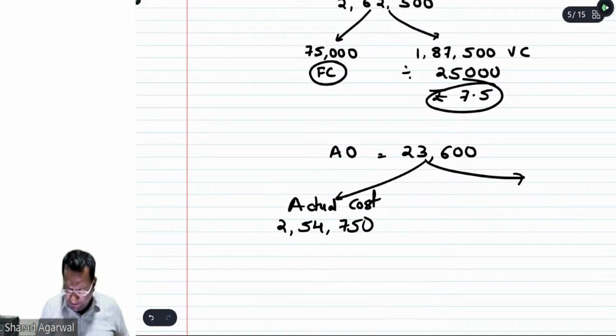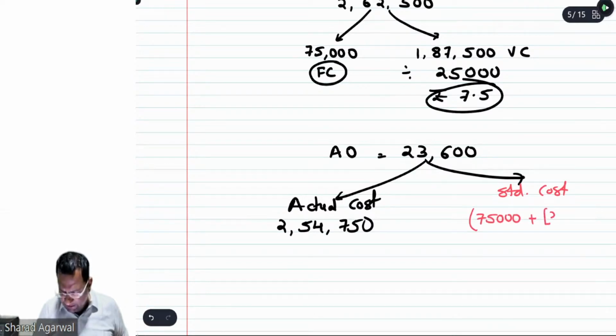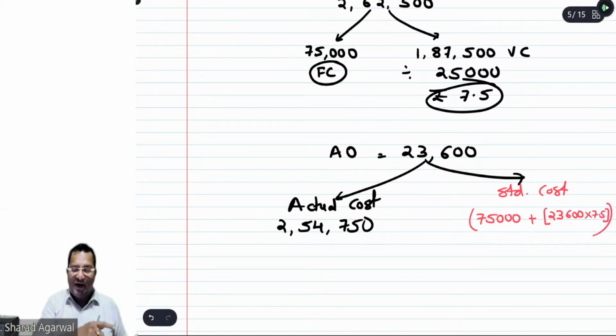Now we will find out the standard cost. ध्यान दीजिएगा बेटा. Fixed cost will remain same, whatever be the level. तो ये तो 75,000 ही आएगा. Plus ये बहुत important है. They have traveled for 23,600 kilometers, and for every kilometer, what should be the cost that should be incurred? It's 7.5. तो अब निकालिए बेटा total हमारी cost कितनी आनी चाहिए for an actual output of 23,600.